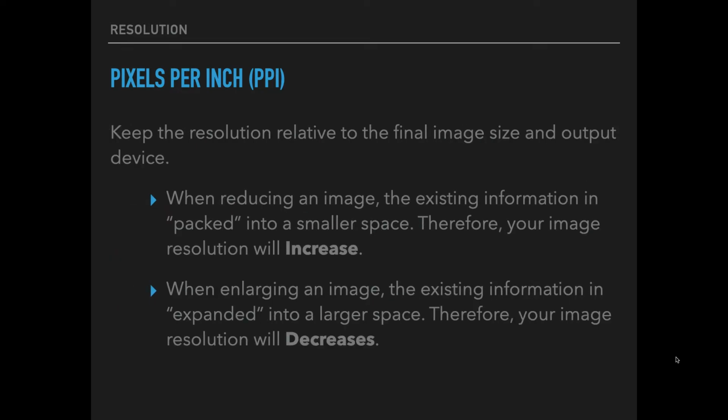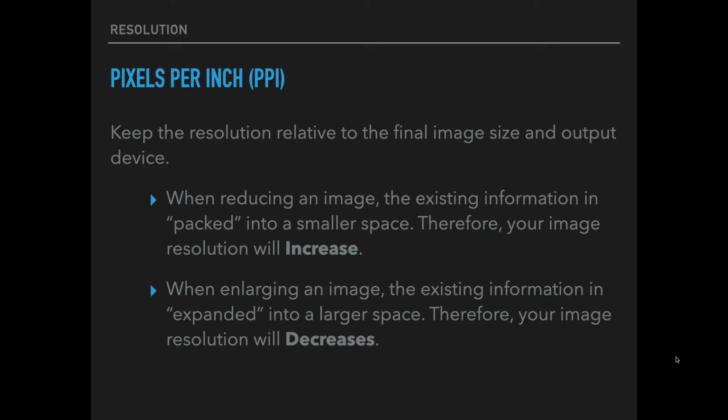Pixels per inch. Keep the resolution relative to the final image size and output device. When reducing an image, the existing information is packed into a smaller space. Therefore, your image resolution will increase. When enlarging an image, the existing information is expanded into a larger space.